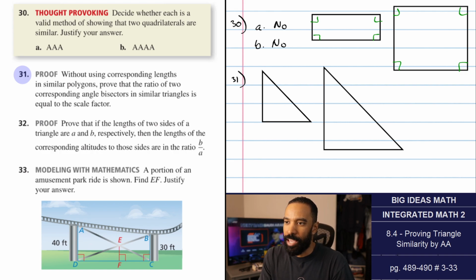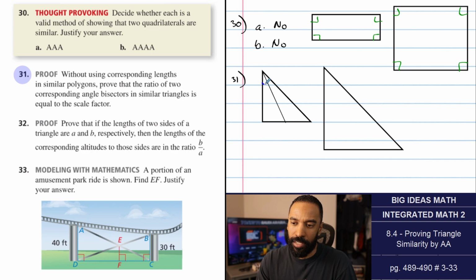If I do an angle bisector like this, and by the way, I'm doing an angle bisector, not a segment bisector, not a median. So I'm saying that's congruent to that, and then I do another one here, like that to that.